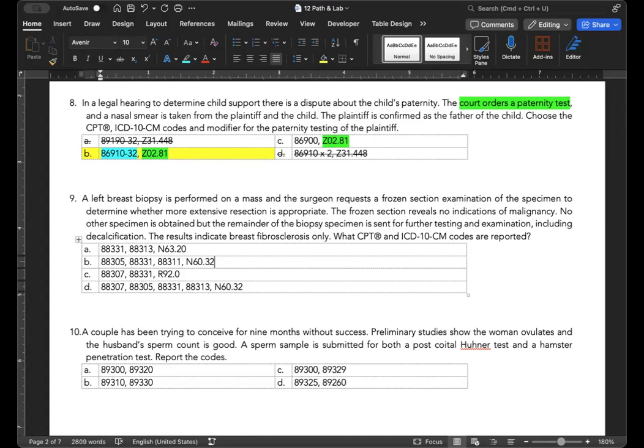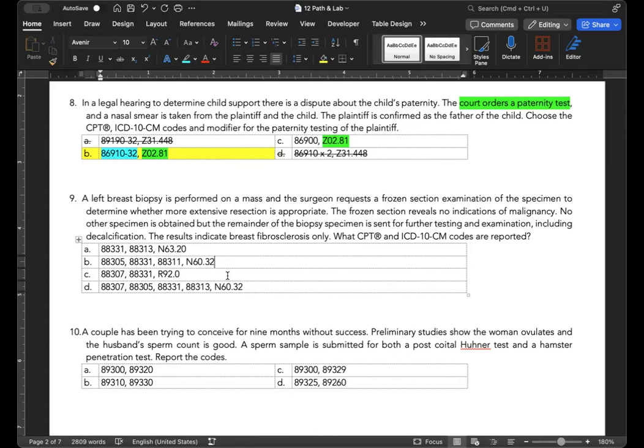So for this one, you can use your ICD-10 to rule out as well. You have 2 of the N60.32, since we have a definitive diagnosis. So if you're not super confident and there's a lot of moving words, you can go to your N60.32 and at least say, I've narrowed it down a little bit.